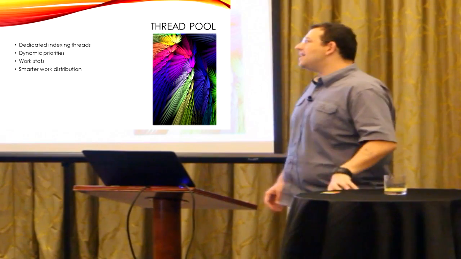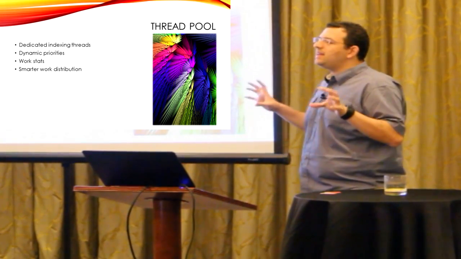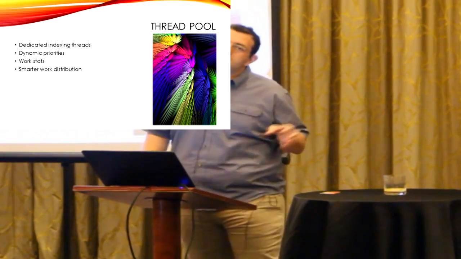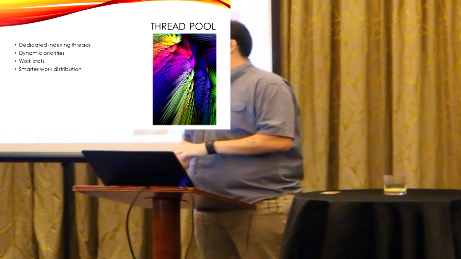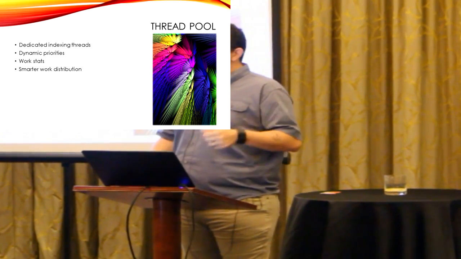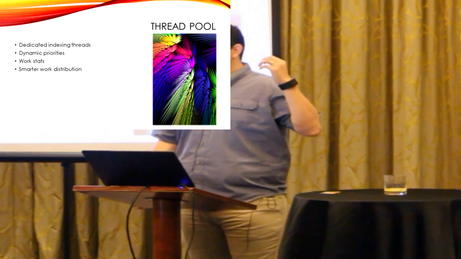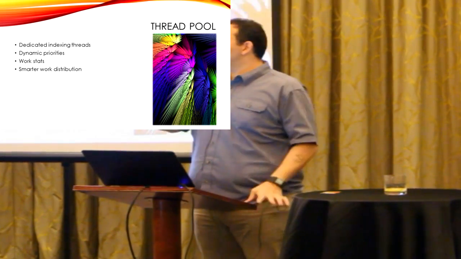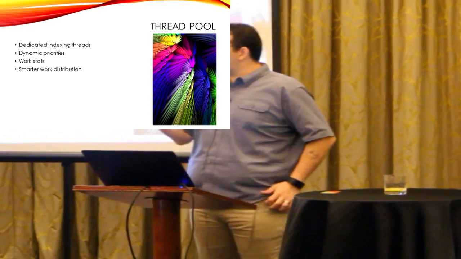The other problem is that if you have many databases on the same server, all of them share the same pool of threads. So now you have noisy neighbors that impact one another. If I have this big indexing process going on in this database, then this other database is being starved.